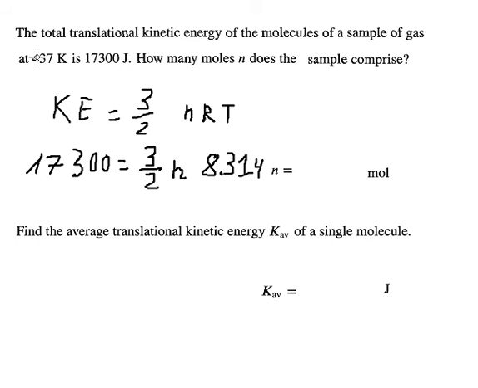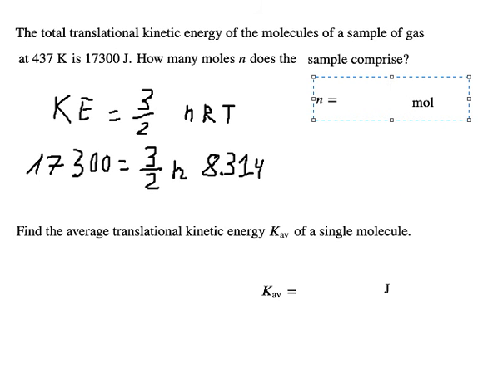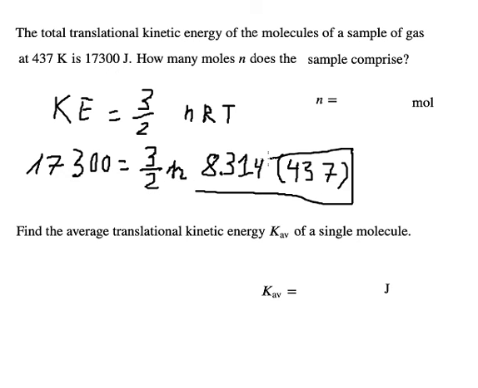T is about 437. So if we want to find n, we need to divide both sides by 3 over 2 and these numbers in here. So we can find the value of n.